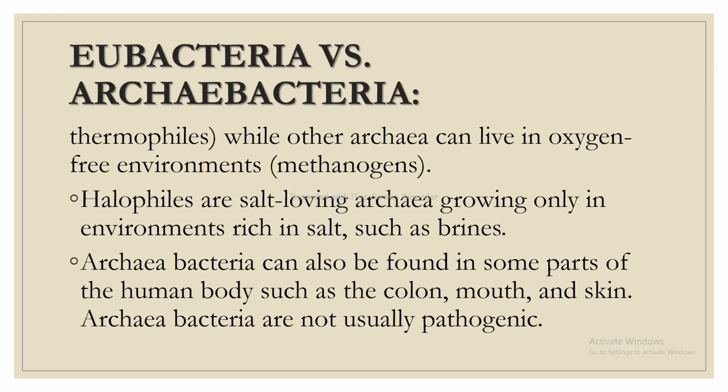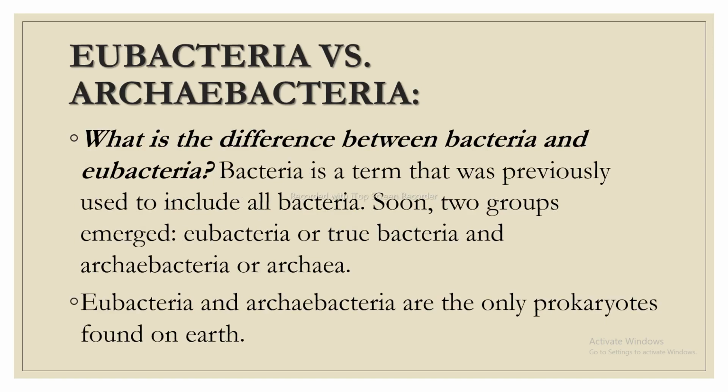Archaebacteria can also be found in some parts of the human body, such as the colon, mouth, and skin. Archaebacteria are not usually pathogenic. So now the question is, what is the difference between bacteria and eubacteria? Bacteria is a term that was previously used to include all bacteria.